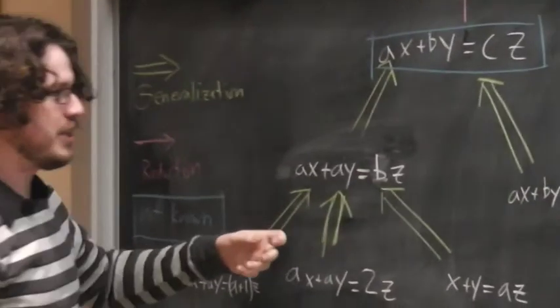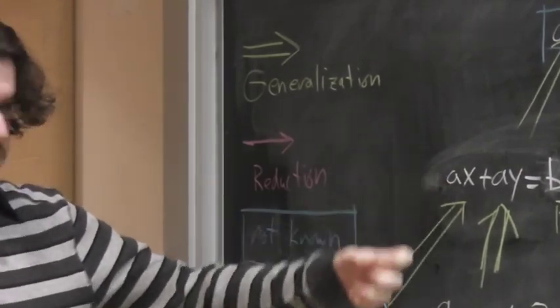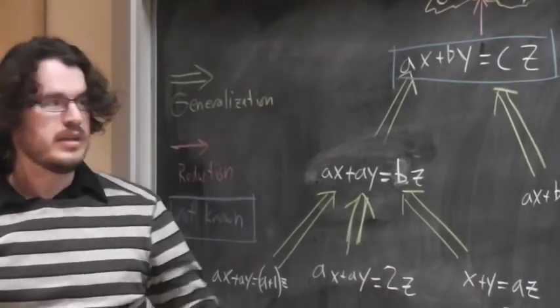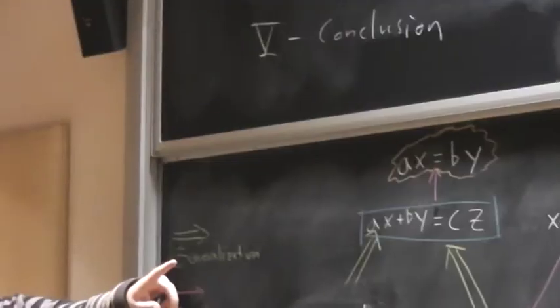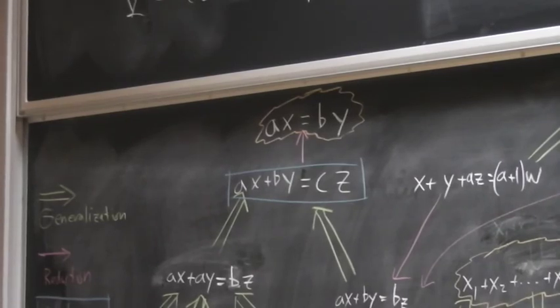Green arrow stands for generalization, where this family of equations is strictly more general than that one. Here it's bz, here it's 2z, for example. The red corresponds to this reduction by collapsing variables.